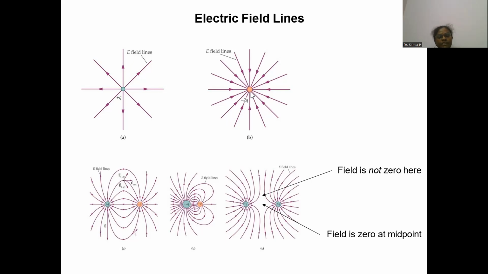If we take a negative charge, then the lines are going to end on the charge, coming from infinity. If we take a positive charge and a negative charge, the lines start from the positive charge and end at the negative charge. So always the lines of force move from the positive charge to the negative charge.